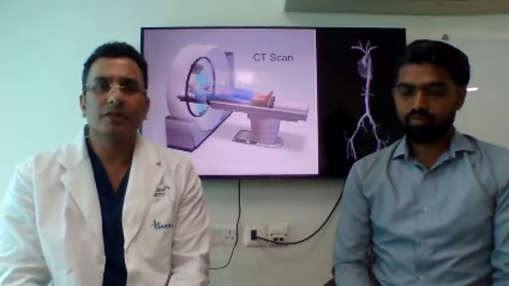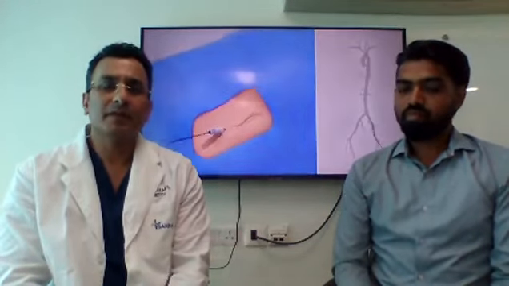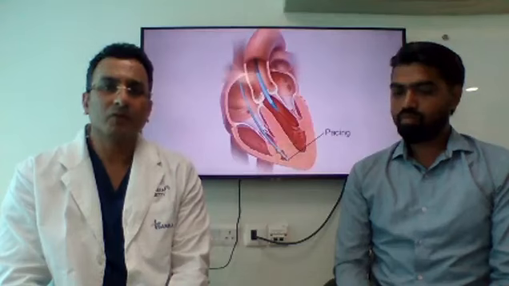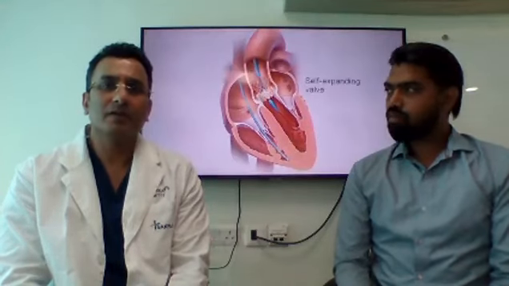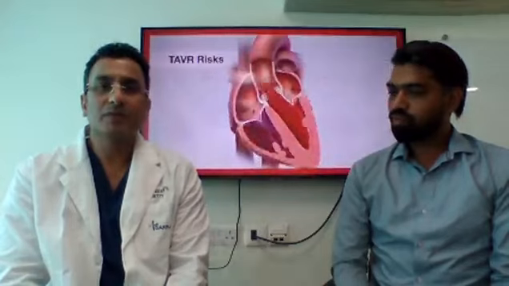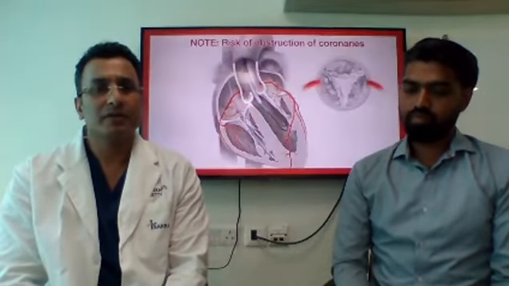A patient with angina is expected to survive about 3 years. A patient with fainting may survive 1 to 1.5 years. A patient with breathlessness or congestive heart failure with aortic stenosis survives less than 1 year. So a severe aortic stenosis which is symptomatic is a life-threatening condition and needs to be aggressively treated.